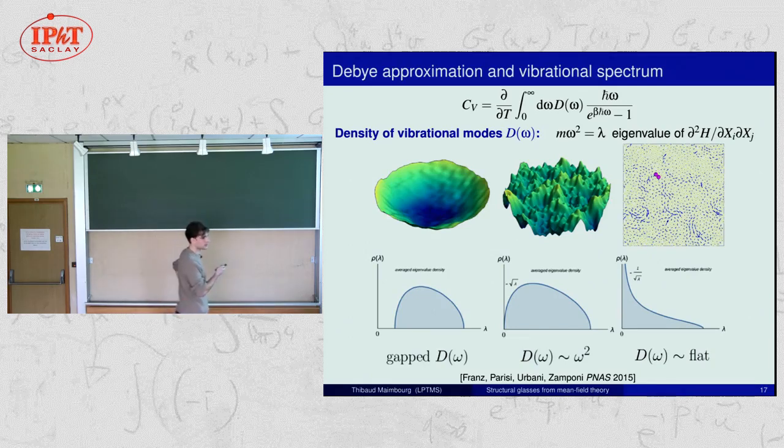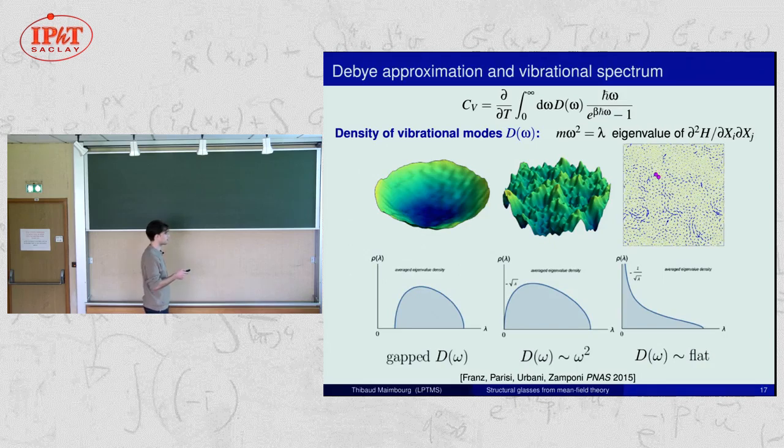What is much easier in this system, with respect to the infinite dimensional particle system, is that there is a quenched disorder in the system. So this Hessian is a random matrix whose spectrum has actually been computed, in this reference.